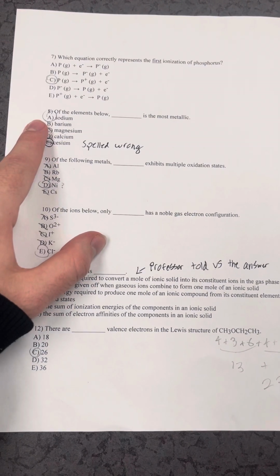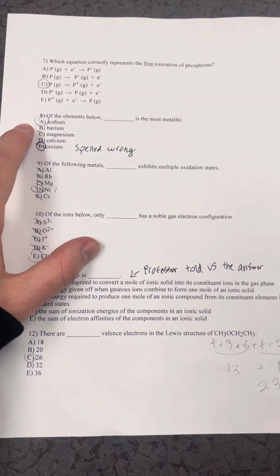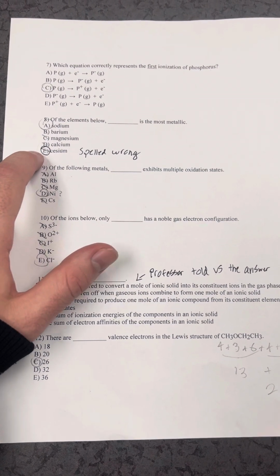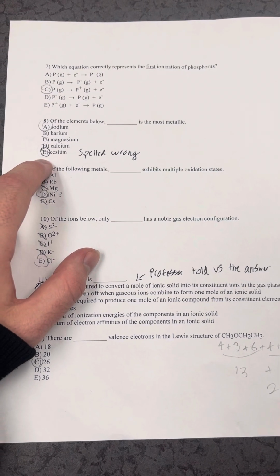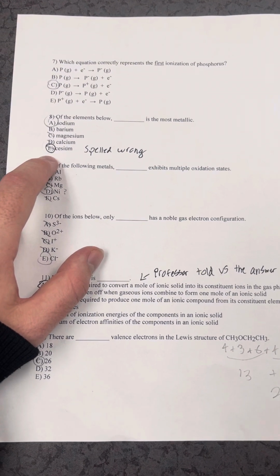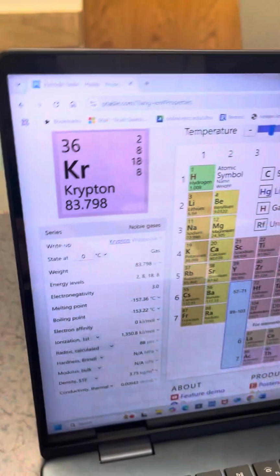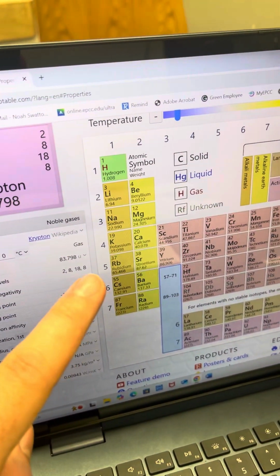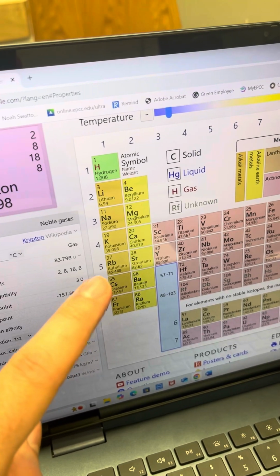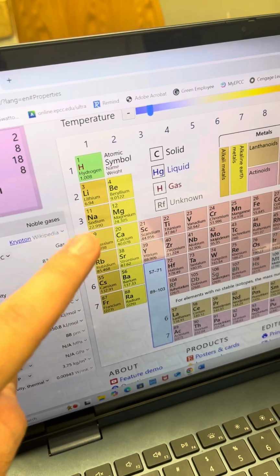For question 8, I chose sodium instead of cesium because on the periodic table, the cesium was spelled wrong. But it is cesium because it is lower in the metals than sodium.